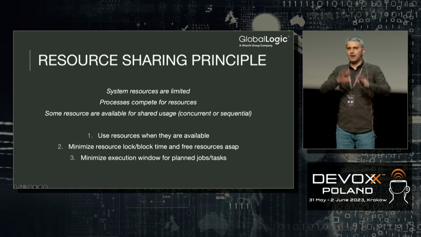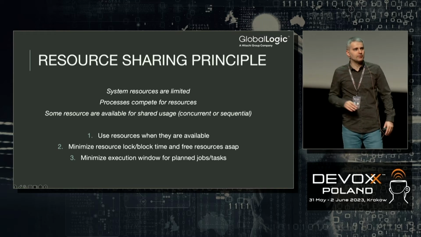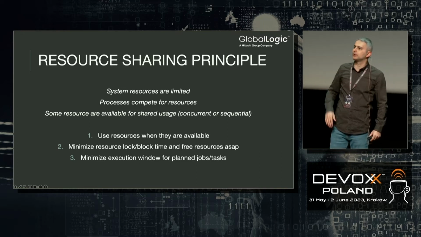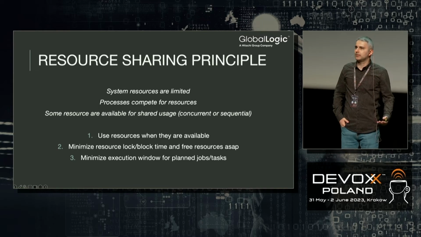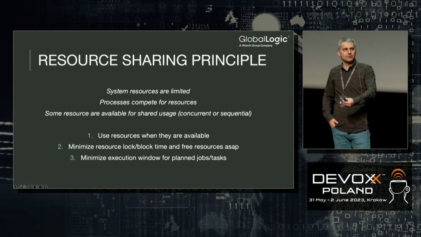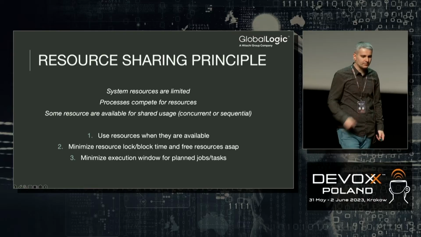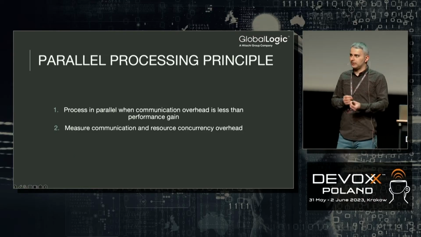I know backend guys here will tell non-blocking, front-end guys will tell no blocking, some hardware guys will tell we have non-blocking APIs, but I mean, it's not always possible. There are systems that are blocking. They have locks. You have to deal with it, no other options. You have to minimize these windows. Resources are limited, but you can control it.